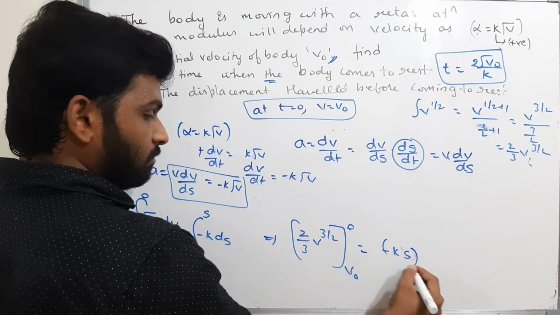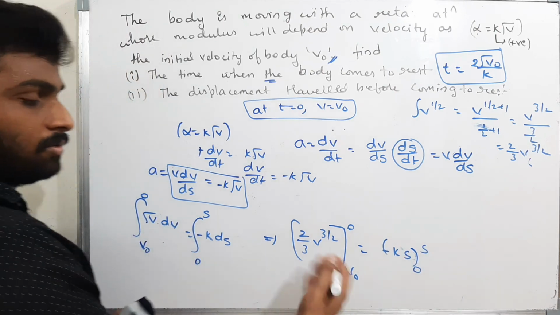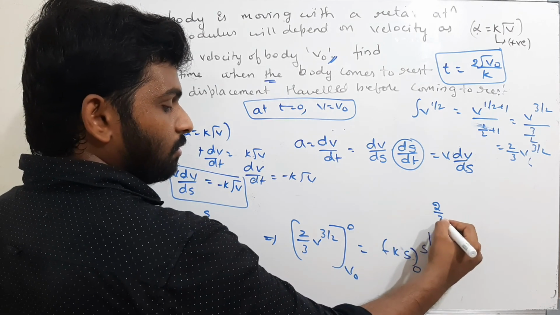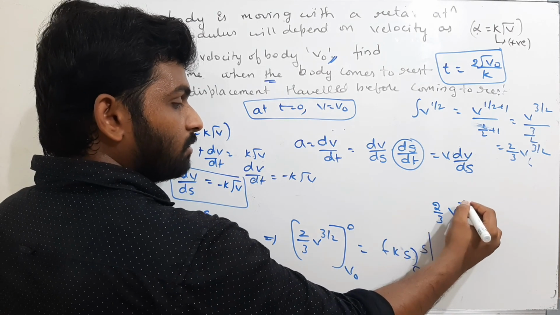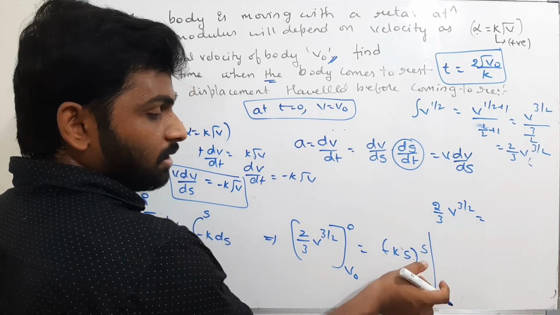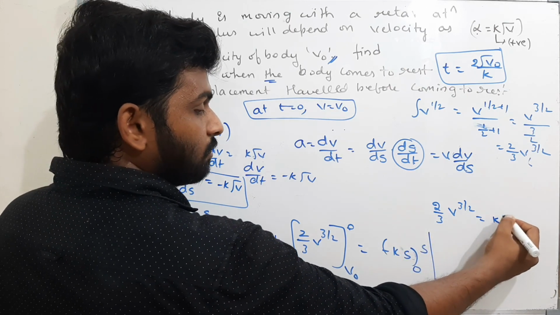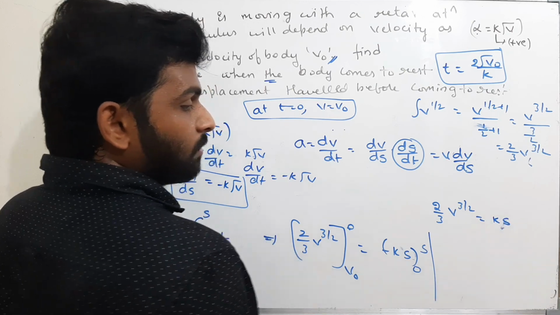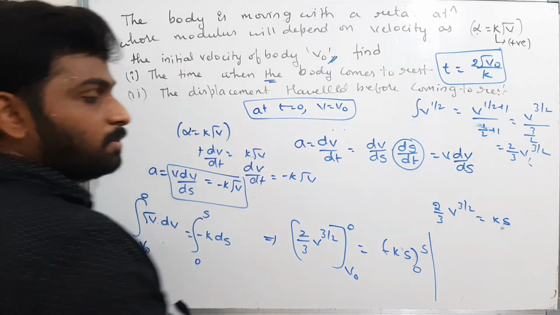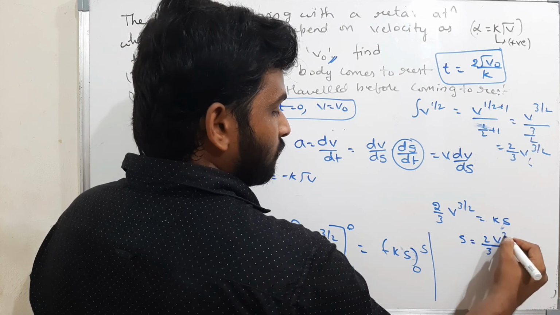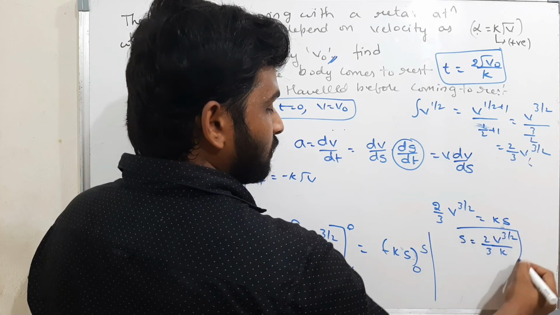And the limits are from 0 to s. Now keep the values. How much you will get? 2 by 3 v power 3 by 2 is equal to, if I change these limits, this will become plus, therefore k into s. They told to find the displacement. Therefore displacement is equal to how much? 2 by 3 v power 3 by 2 by k. This is the displacement traveled by the body.